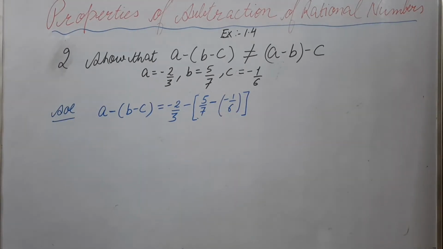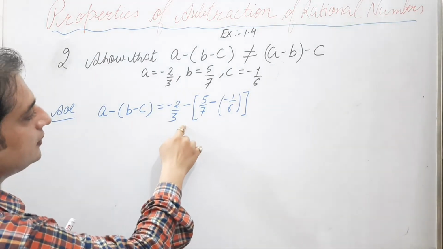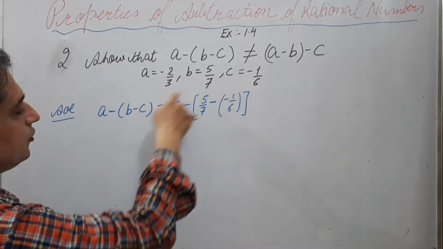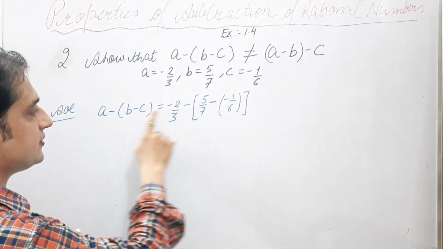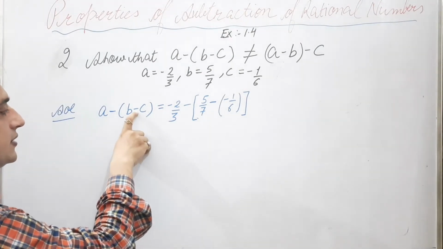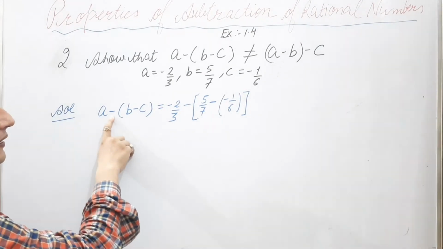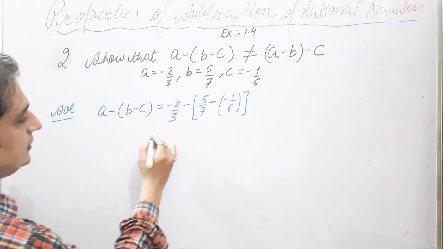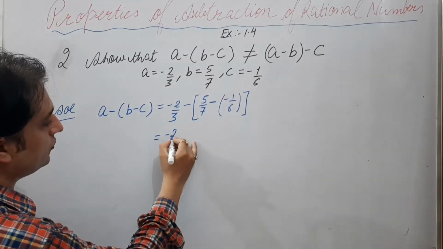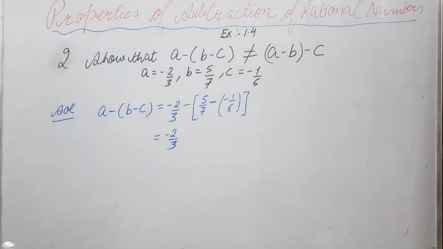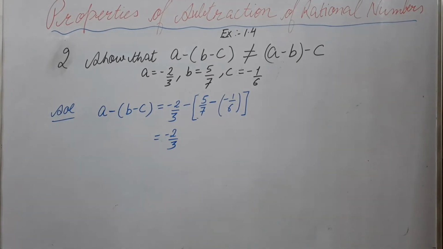Right? So a is minus 2 upon 3, b is a positive rational number, c is a negative rational number. Here the operation is negative. Right? So firstly, solve the bracket according to BODMAS, because the order in which the several operations must be done is with the help of BODMAS.